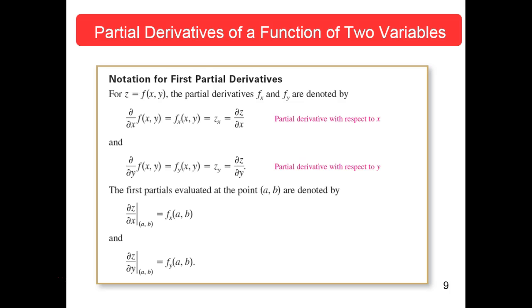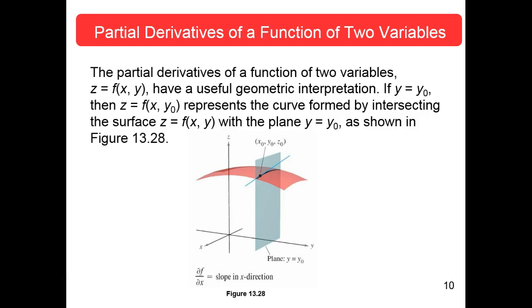Or the partial of z with respect to y, evaluated at the point (a, b), would be the partial of f with respect to y at (a, b), or z sub y at (a, b). Lots of different ways to write those.